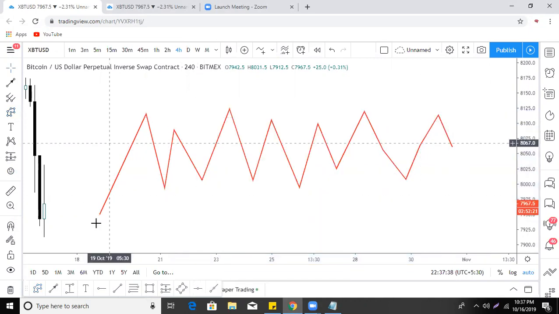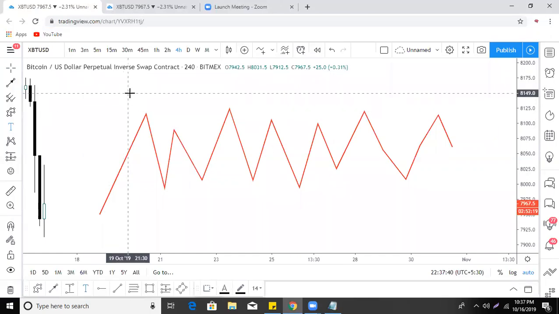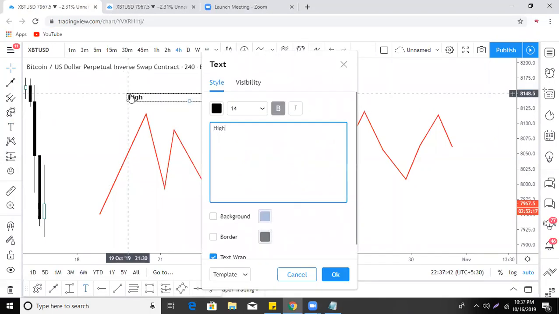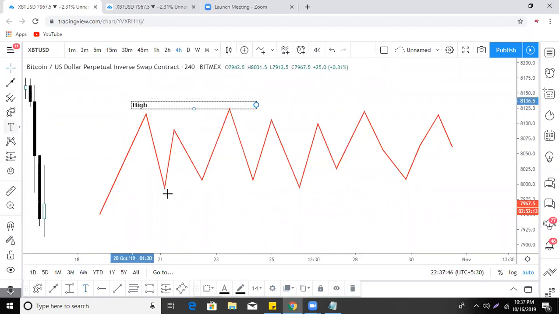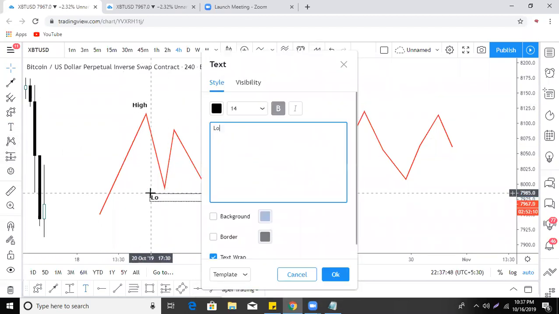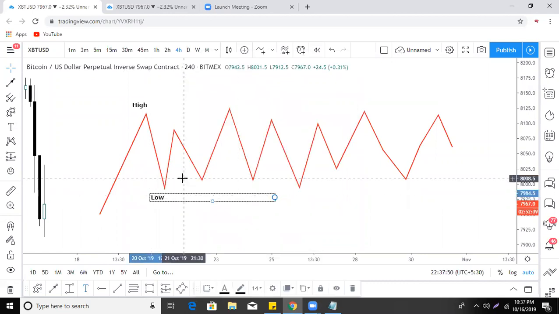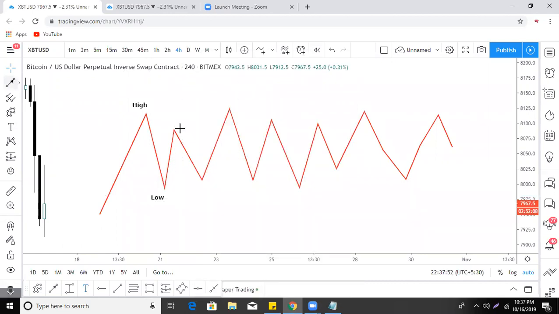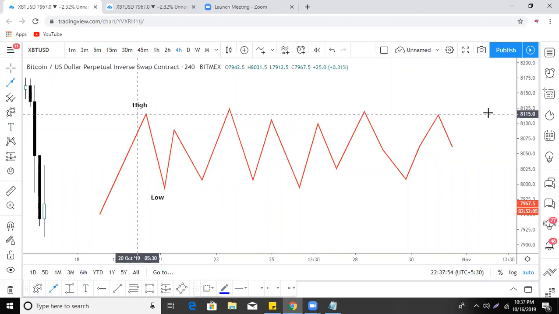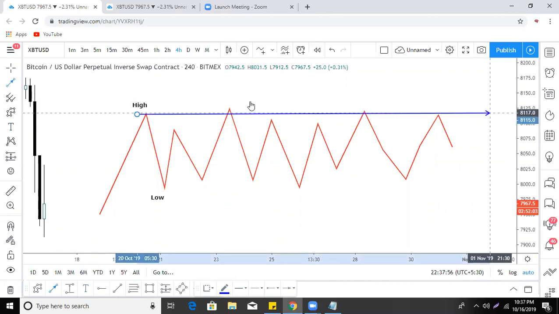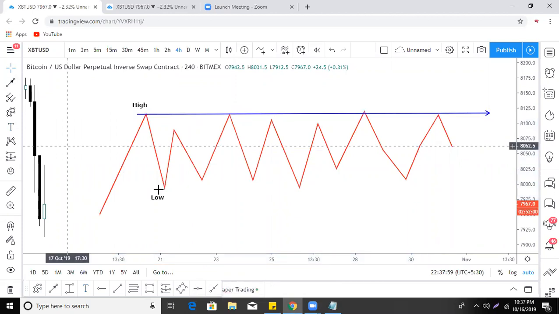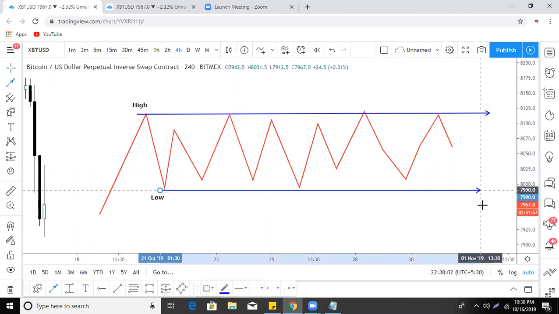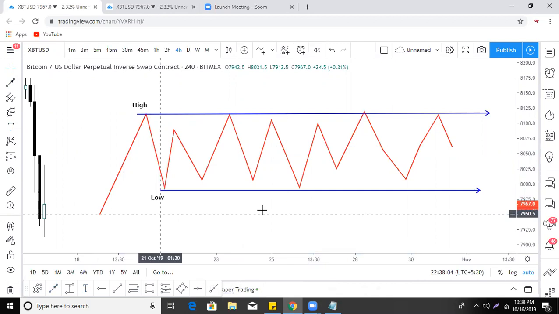Okay, so if we see, this was our initial price, this was our high, right? This was our high and this was our low. Okay, in this duration we see that the price failed to make any new high, and failed to drop below this level and create a new lower low, right?